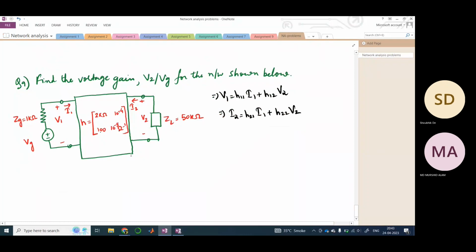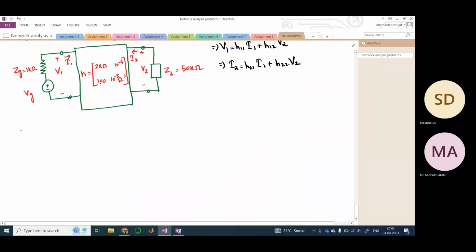So now again, going by the same method. What is VG? VG is I1 into 1K, that is ZG, plus V1. Similarly, V2 is minus 50K I2, right?